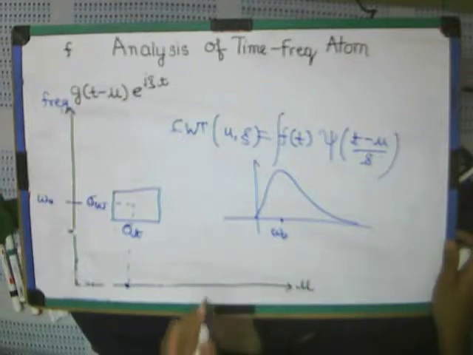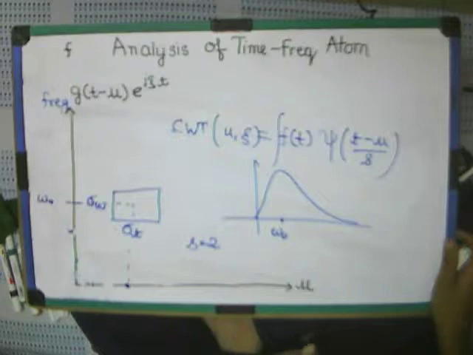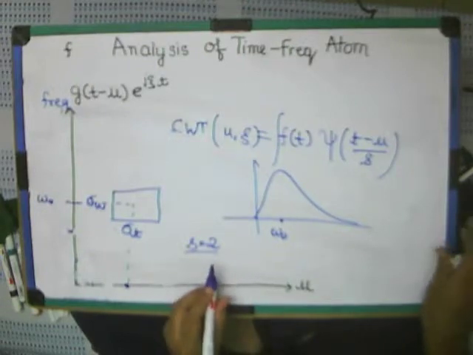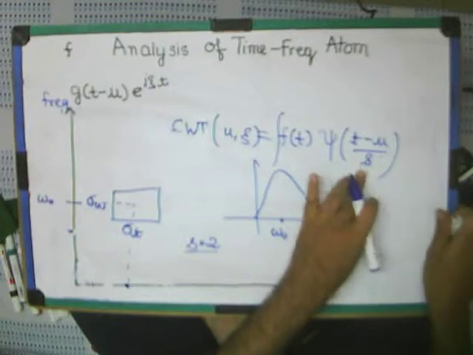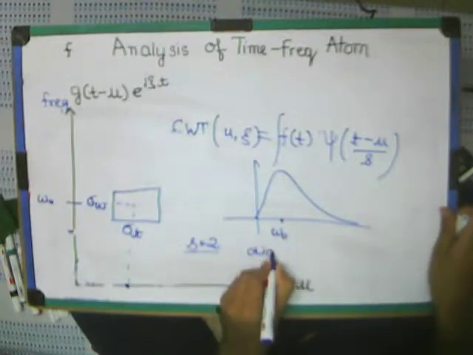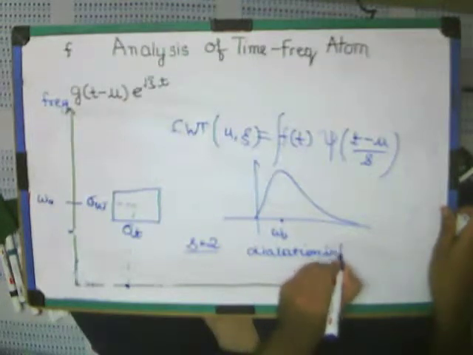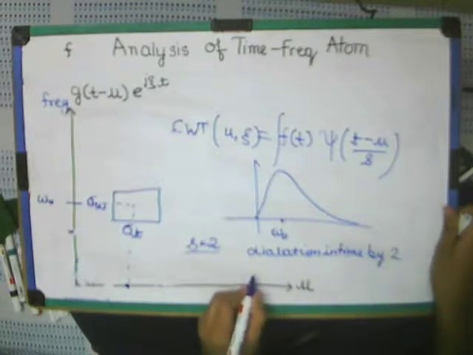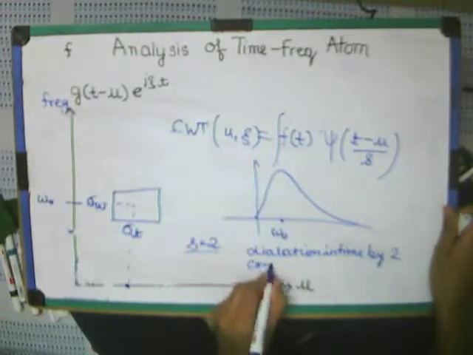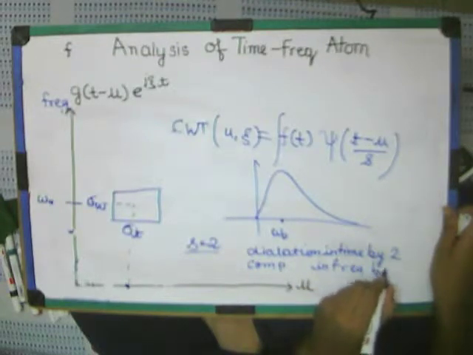But now if I increase the scaling to 2, scaling happens, so there is a dilation. What is happening is that there is a dilation in time by 2 and compression in frequency by 2.